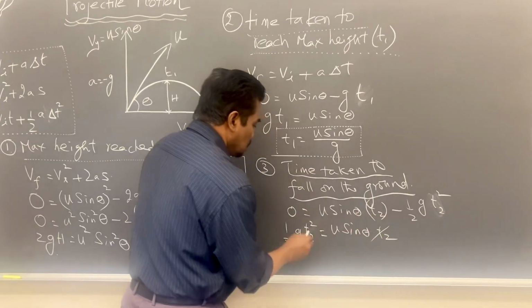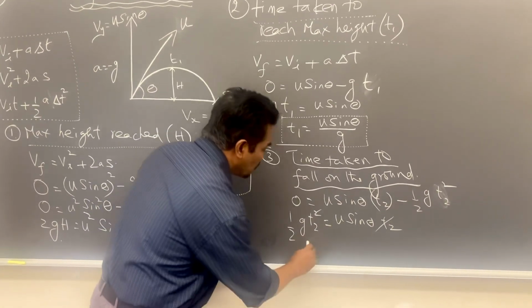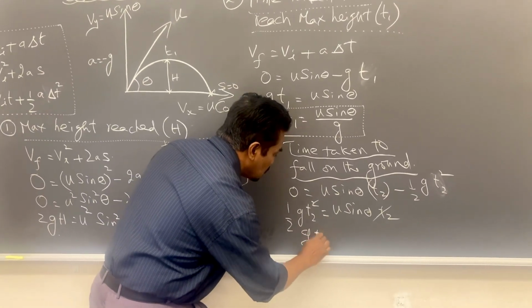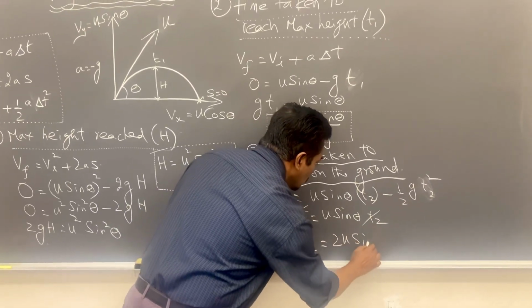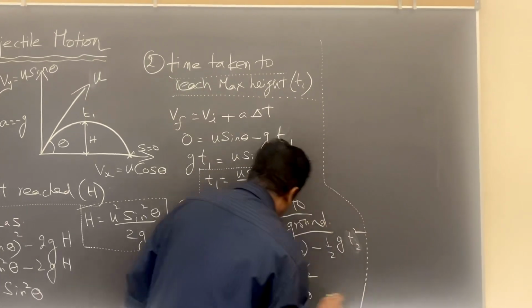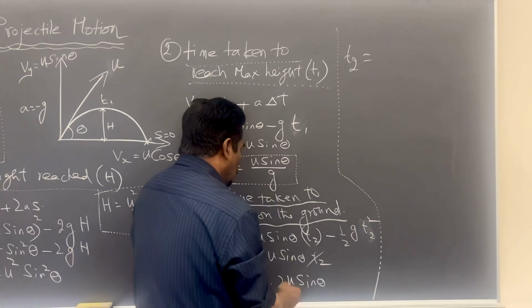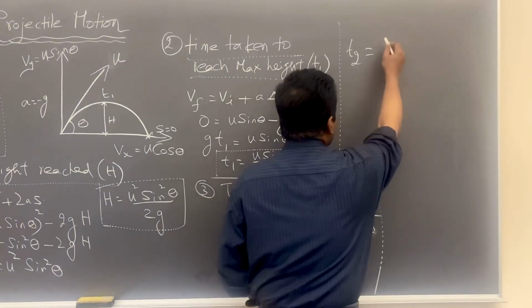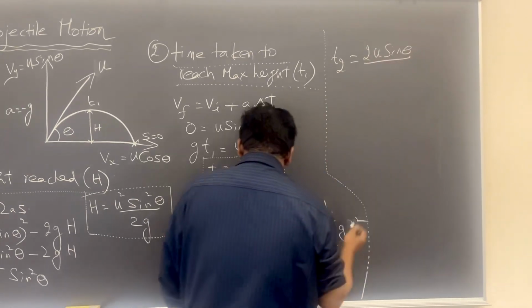This t2 and this t2 will cancel. Cross multiplying, g t2 will be equal to 2u sin theta. So finally we got the value t2 equal to 2u sin theta over g.